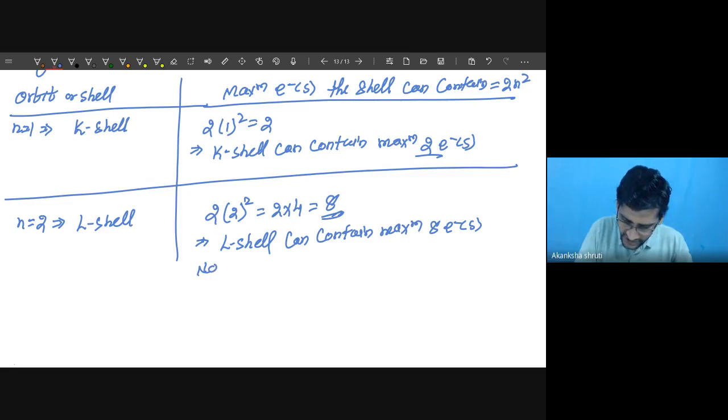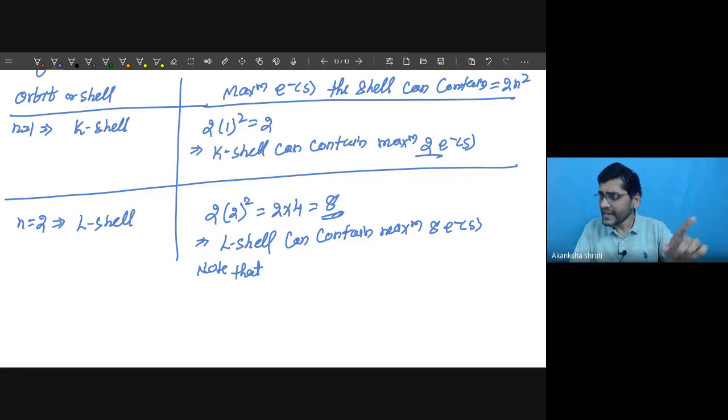But note that these 8 are the next electrons after the K shell.